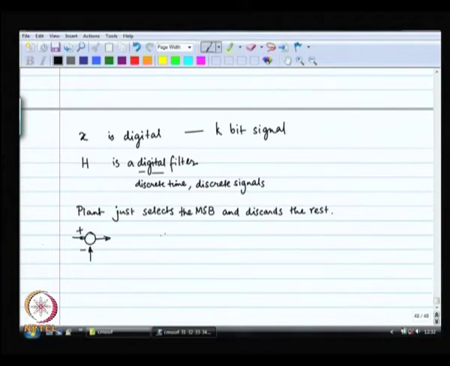You have got a k bit digital signal over here, you have got a 1 bit signal over here, because the plant has selected the MSB and discarded the rest. Okay. So, the plant is a 1 bit, so the feedback signal that is coming back is a 1 bit signal. So, this plus minus business, you have to be a little careful.